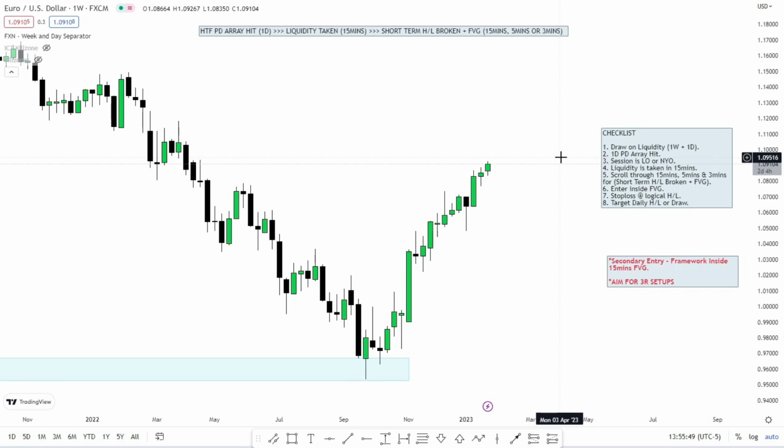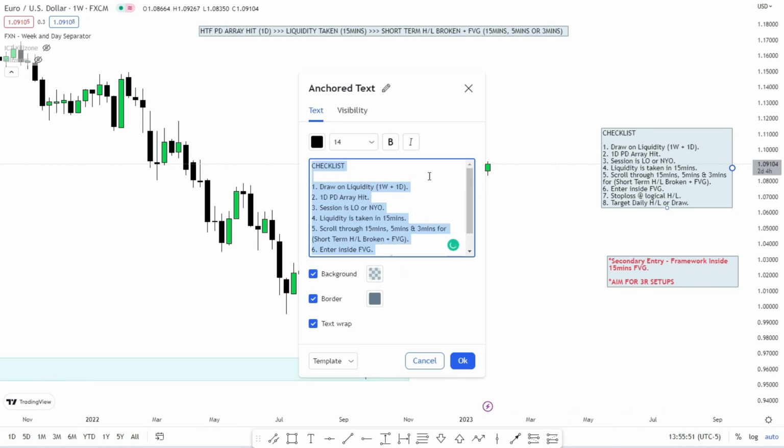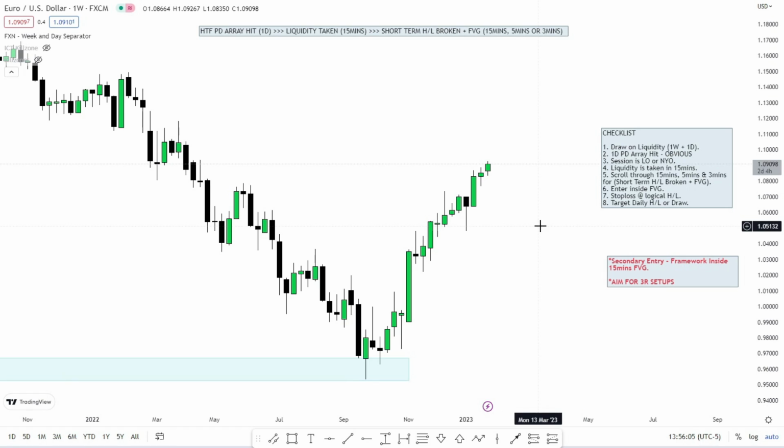So I think we should outline what we mean by obvious. I must insist on obvious. Just the one that you see pop out in the chart. That is the one you should be focusing on. So I want to update that and say it is the obvious PDRA.